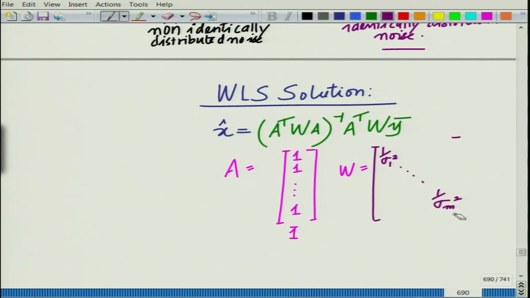So, this is essentially your weighting matrix, which we already said this is your R inverse.